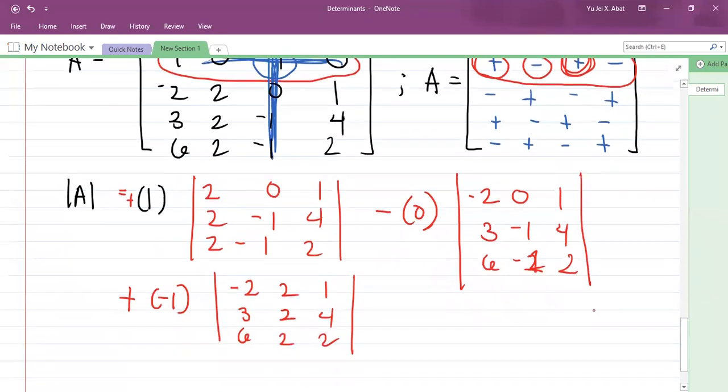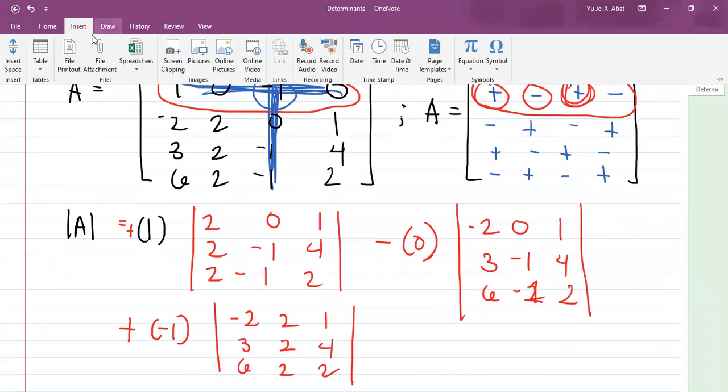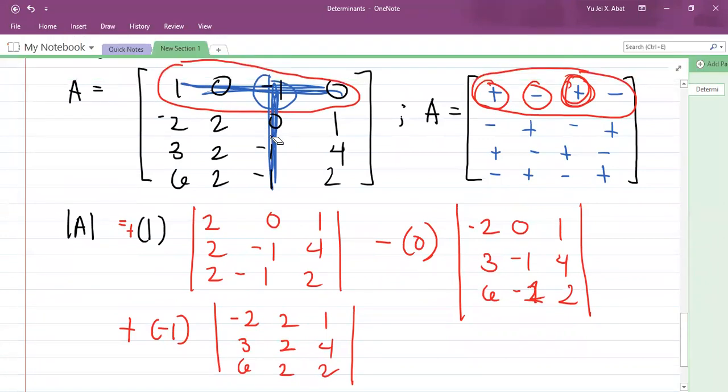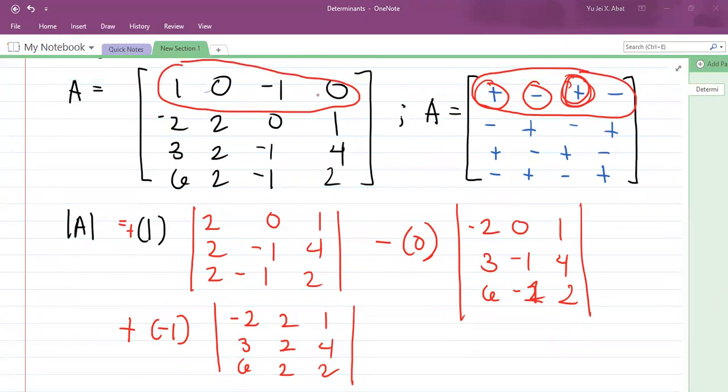Ayan. Okay? And finally, tayo sa dulo. Ayan. Buburahin ko lang. 0 na naman. So 0. Ito yun. Okay.